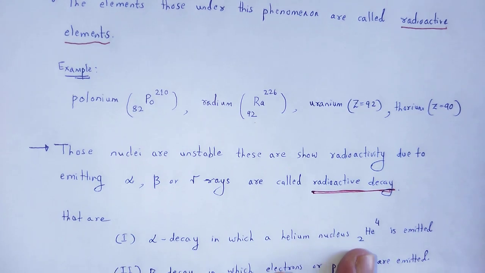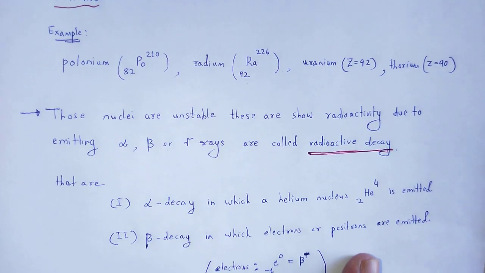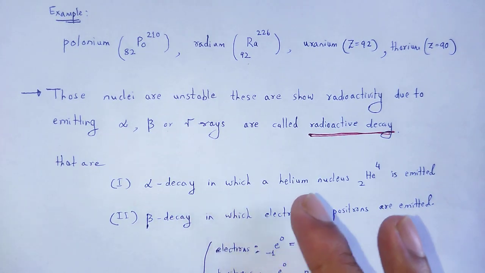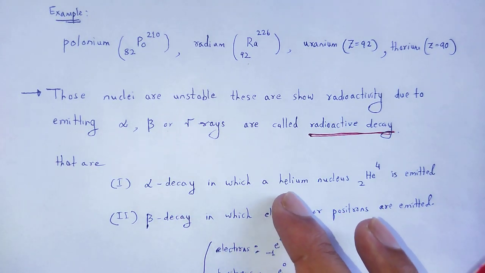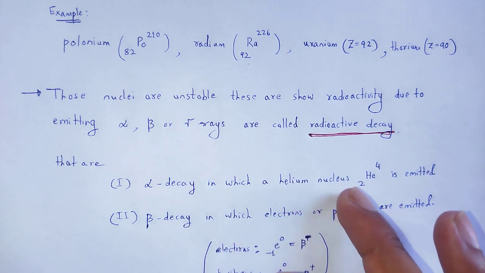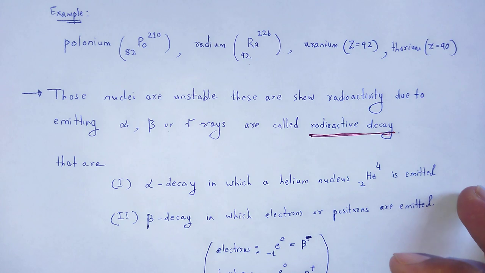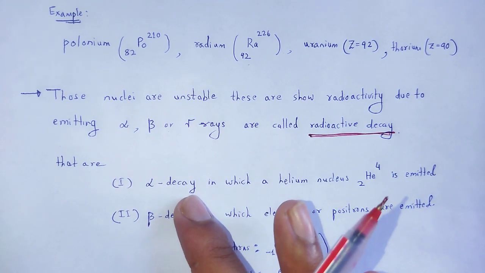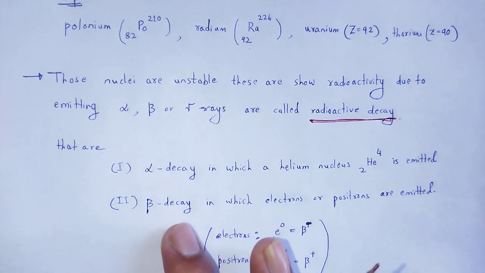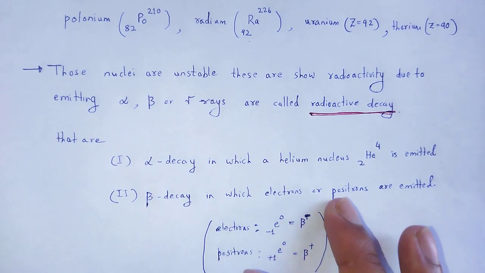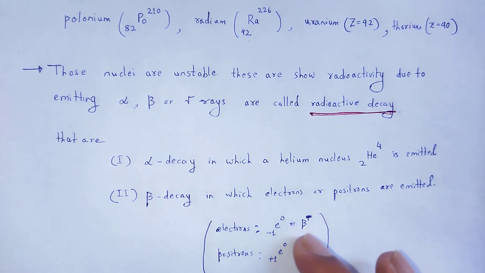Some basic properties of alpha, beta and gamma. Alpha decay, in which an alpha particle, a doubly charged helium nucleus, 2He4, is emitted. Beta decay, in which electrons or positrons are emitted.